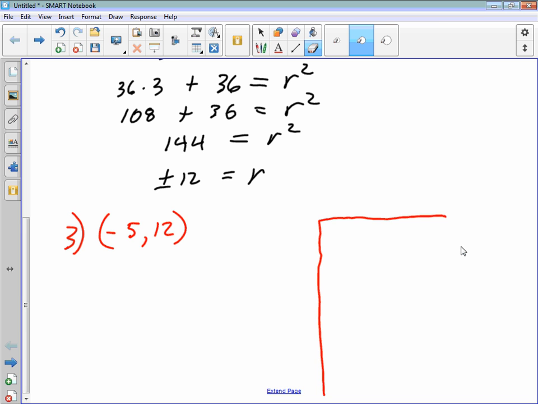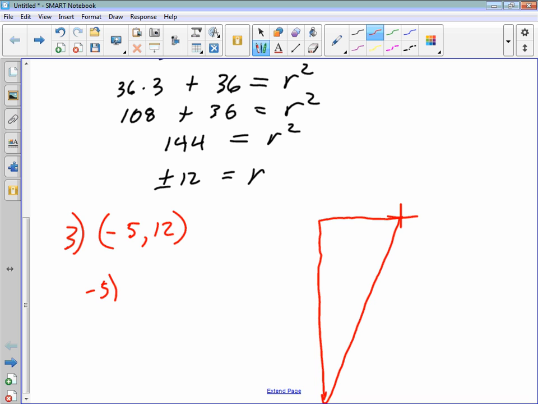I'm going to shorten this one up just a little bit. For (-5, 12), I already know the distance there. That's an easy one. The only difference here is we know that this is in quadrant 2. So once again, (-5) squared, use parentheses, plus 12 squared equals r squared.